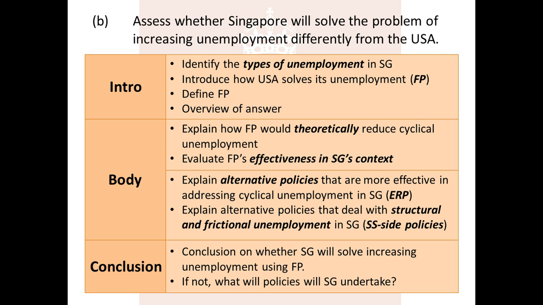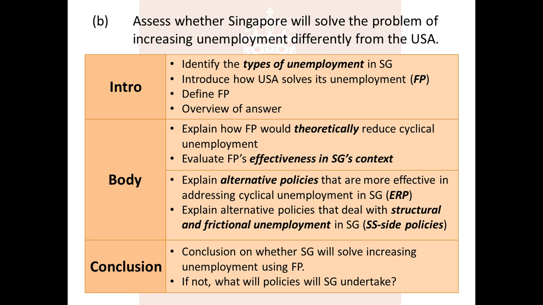In the next part of the body, we actually brought in alternative policies that are more effective than fiscal policy in addressing the cyclical unemployment in Singapore. So this is your exchange rate policy. Lastly, we talked about alternative policies that deal with structural and frictional unemployment.